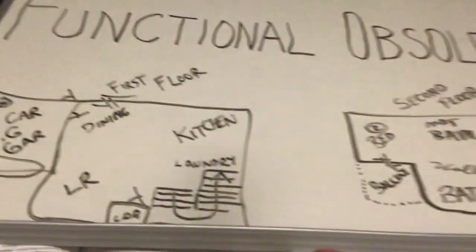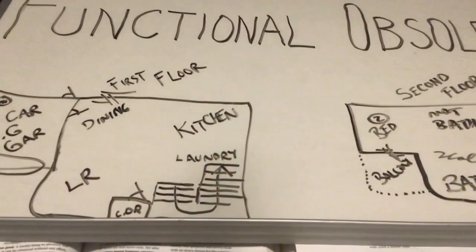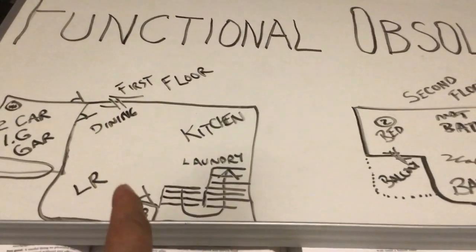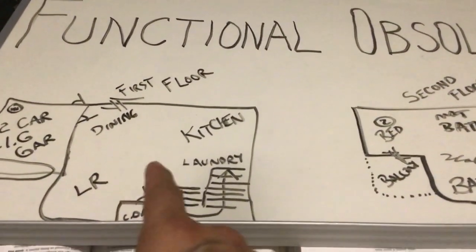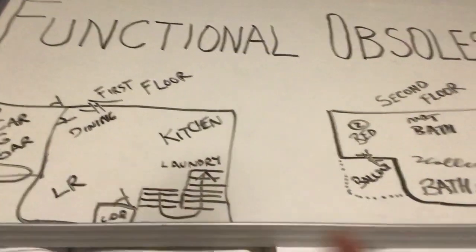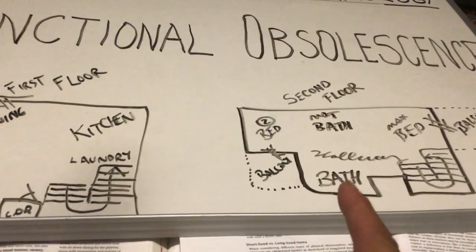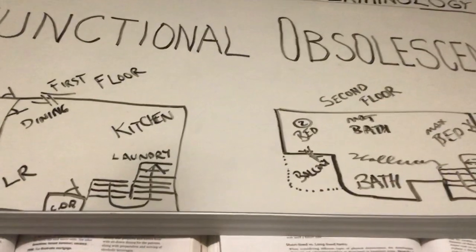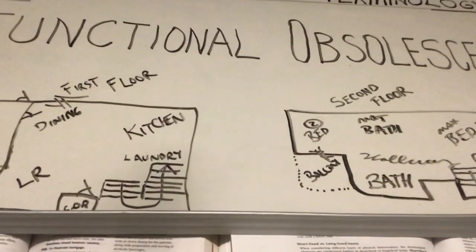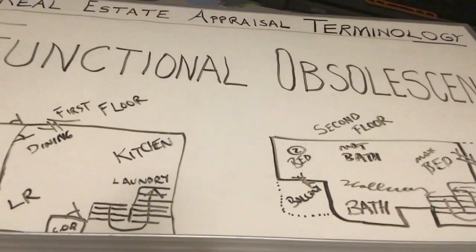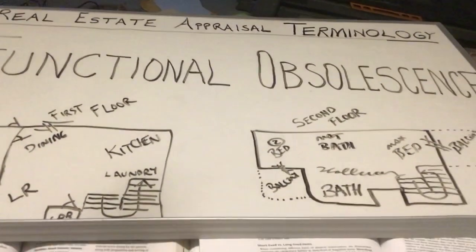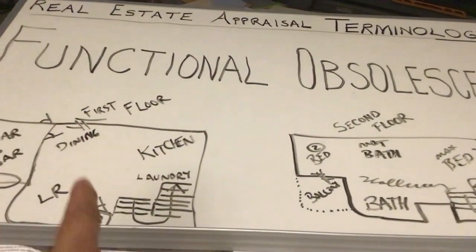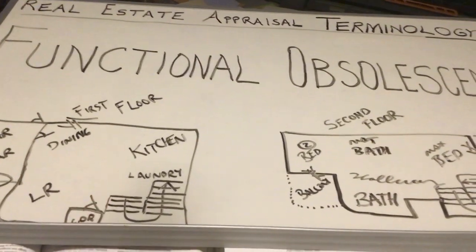There's no bathroom on the first floor, so it's an inconvenience to have to go all the way up the stairs every time to use the bathroom. Especially if you have buyers who are old, and if it's typical for homes in that market area to have a bathroom on the bottom floor.